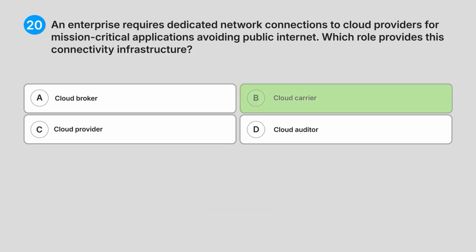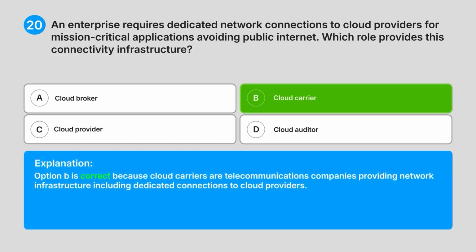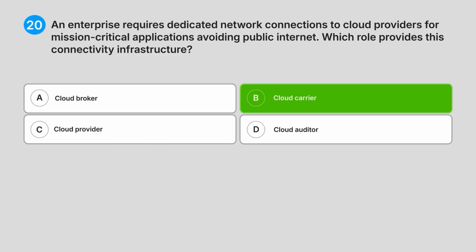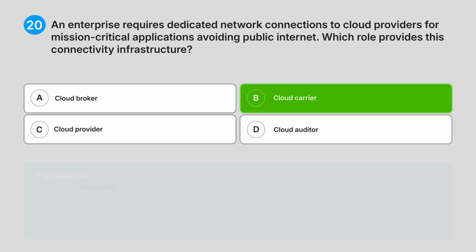Correct answer, B. Cloud carrier. Explanation: Option B is correct because cloud carriers are telecommunications companies providing network infrastructure, including dedicated connections to cloud providers. Option A is incorrect because cloud brokers facilitate service selection and integration but do not provide physical network infrastructure or connectivity.